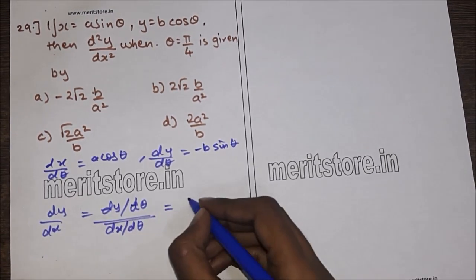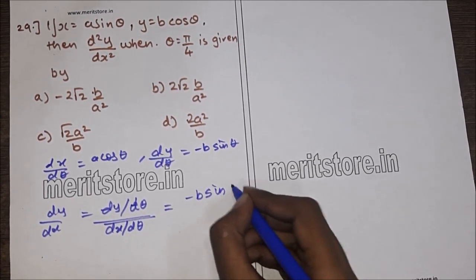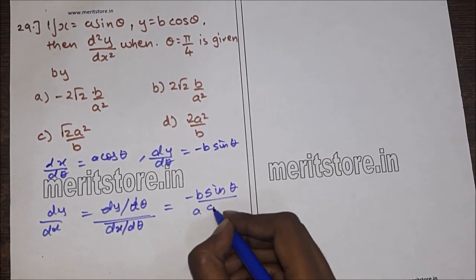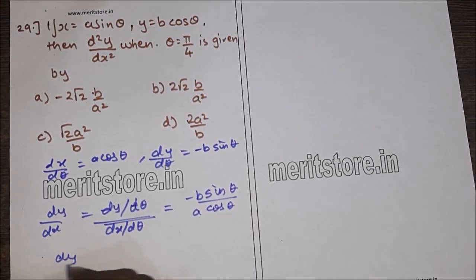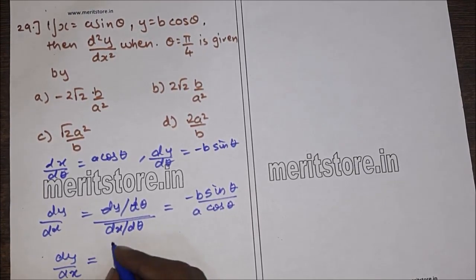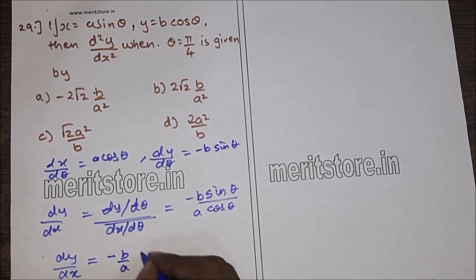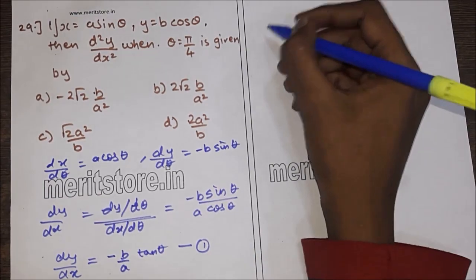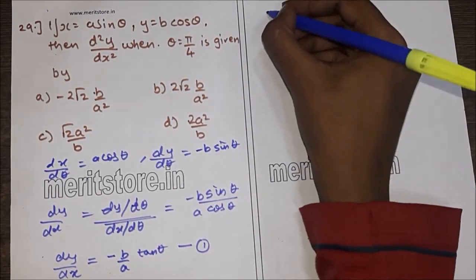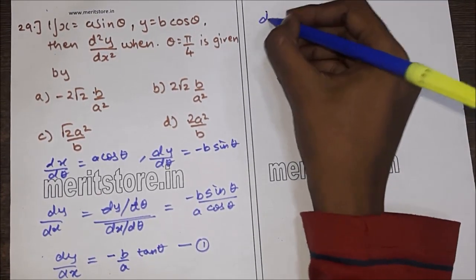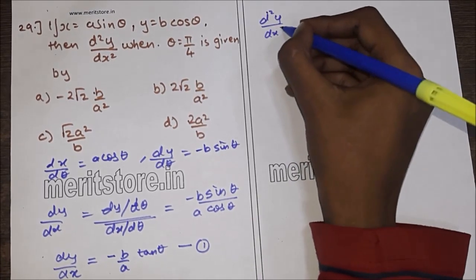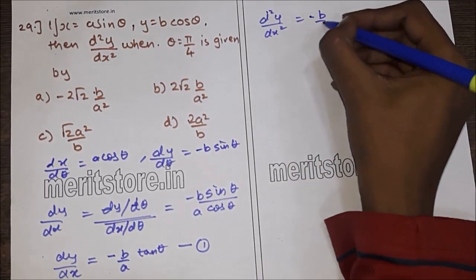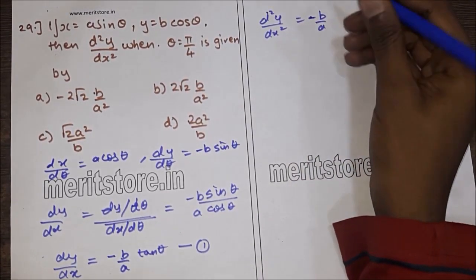So this is minus b sin theta upon a cos theta. So dy by dx is minus b by a tan theta. Let this be 1. So again, differentiating y with respect to x, this is d2y by dx square, minus b by a, the derivative of tan theta is sec square theta.